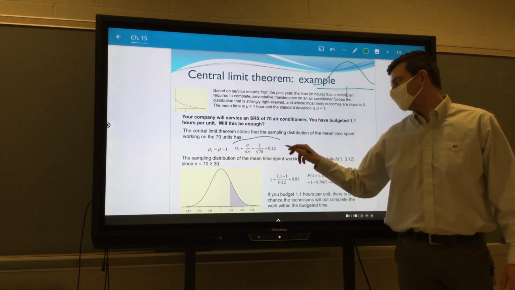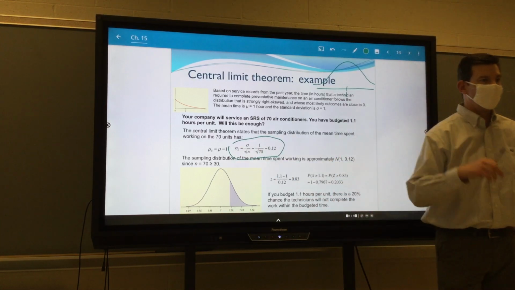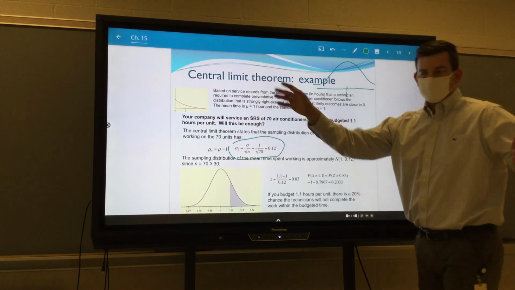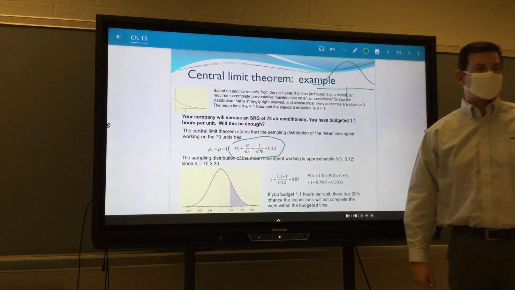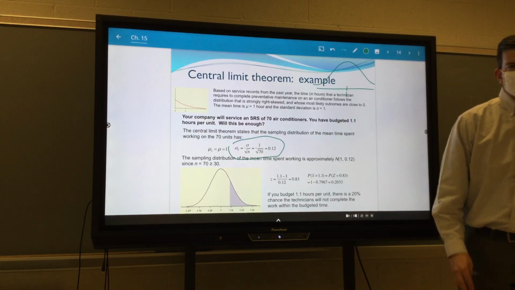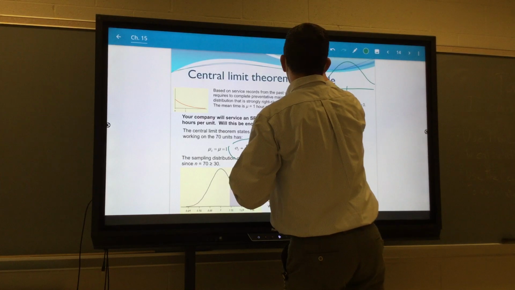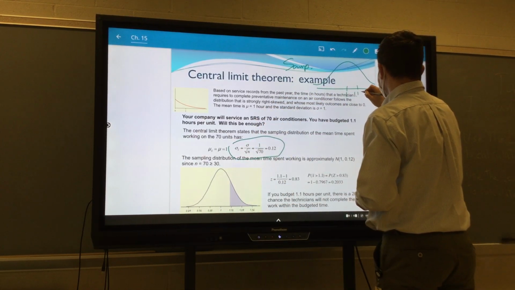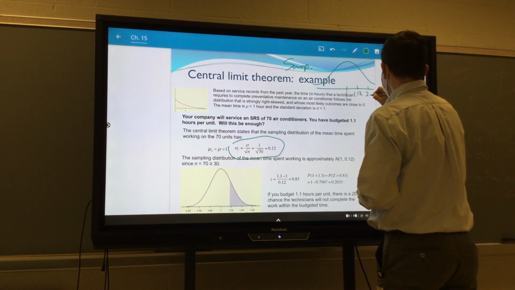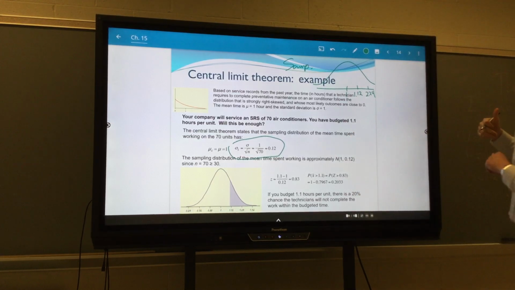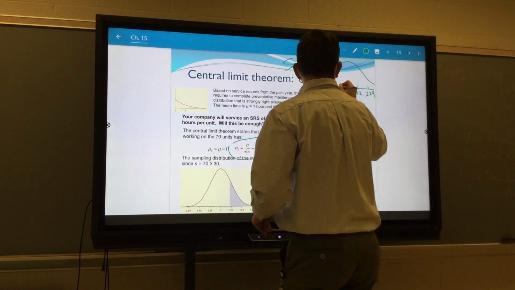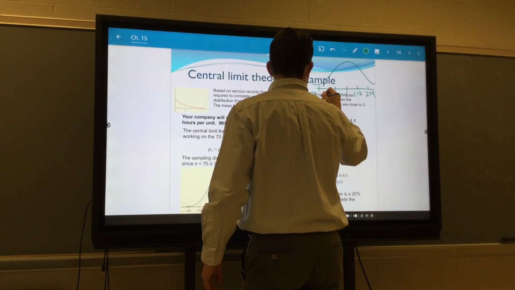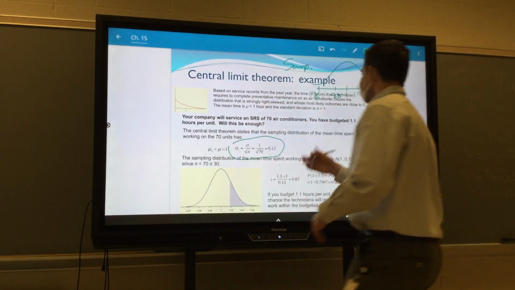Standard deviation calculation looks like this: 1 over the square root of our sample size of 70, you can trust me with the math, gives you an answer of about 0.12. So our step size on the sampling distribution is 0.12. So this is 1.12, 1.24, etc. Going to the left, 0.88, 0.76, and so forth.